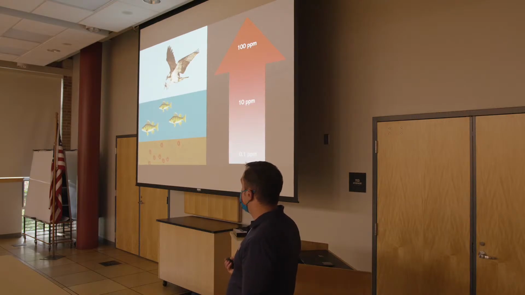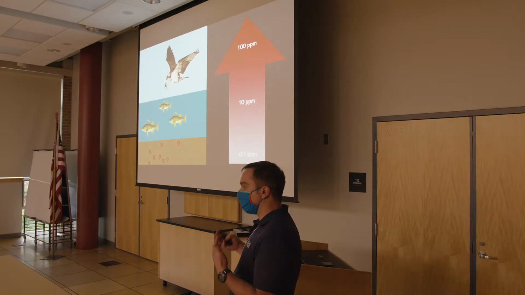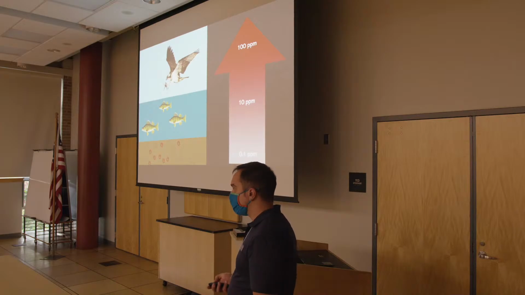The accumulation of DDT within these top predators led to extensive declines in bird populations within the United States, most notably the bald eagle, whose population significantly declined between the 1940s and the late 1960s, and was eventually linked to the use of DDT.